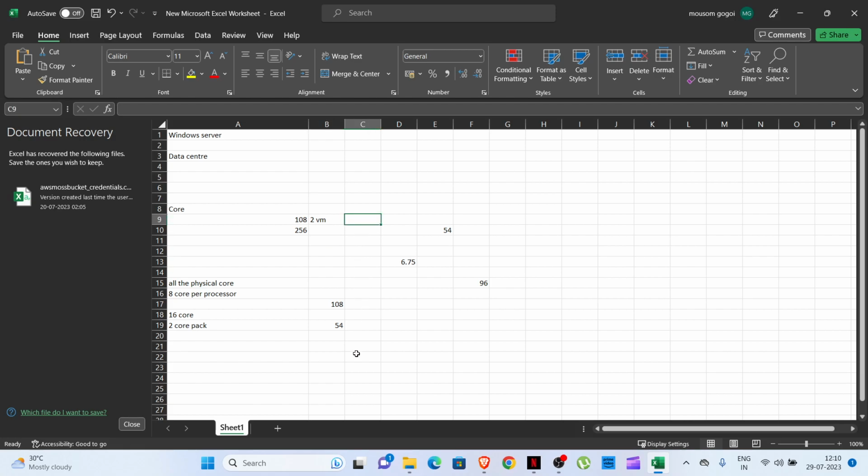In that scenario, we need to relicense it again, so we need licenses for 4 VMs, compared to 2 VMs.